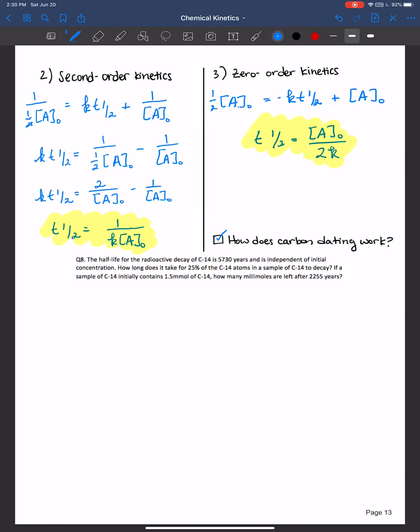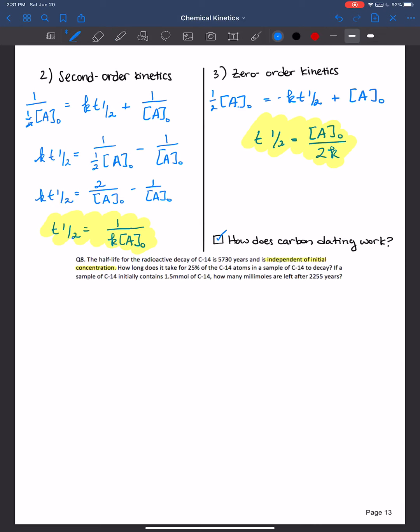And it is independent of initial concentration. So that's a big clue we want to point out. Remember I said the only kinetics that does that is first order kinetics. How long does it take for 25% of the carbon-14 atoms in a sample of carbon-14 to decay?